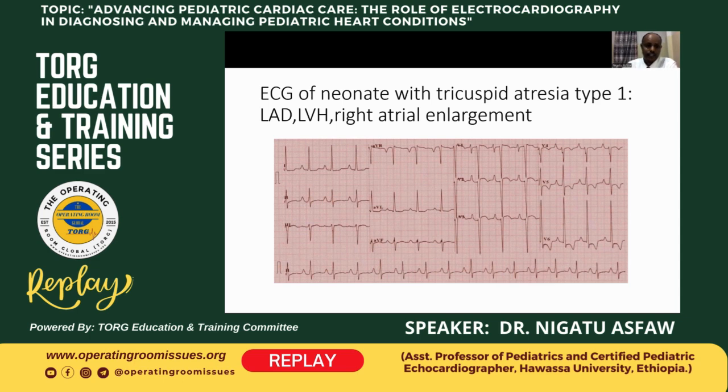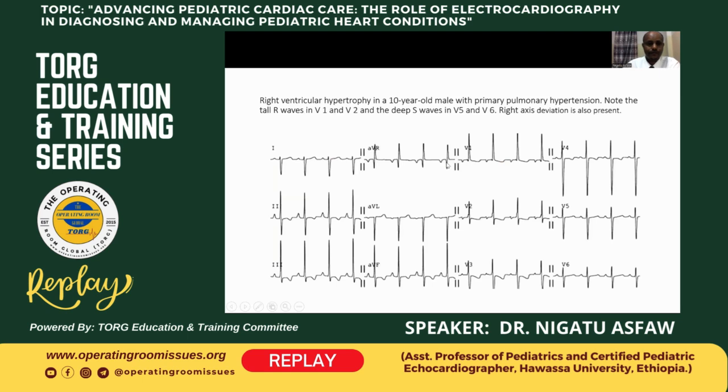And additionally, on this ECG, there are peaked or increased amplitude P waves, which shows right atrial enlargement. And also it shows left ventricular hypertrophy. As you see, there is a deep S wave in V1, V2, and V3, and increased amplitude of the R wave in V6, which shows left ventricular hypertrophy.